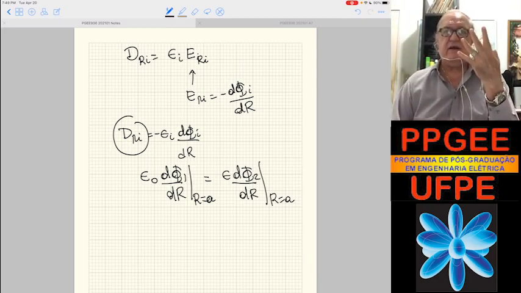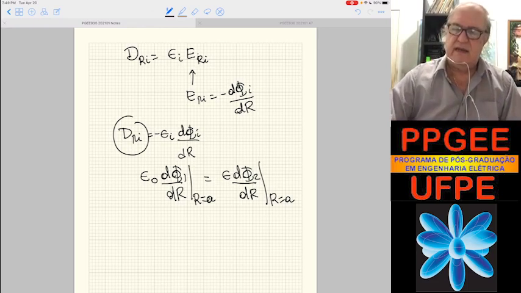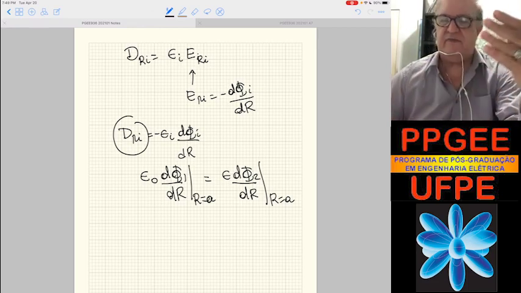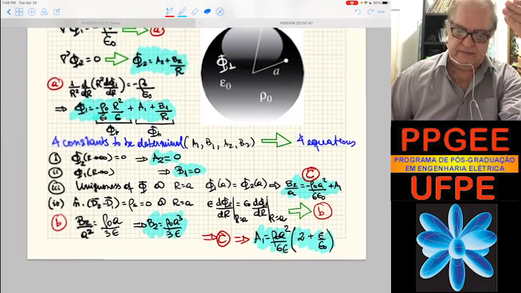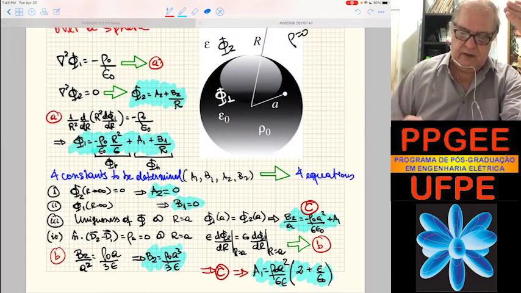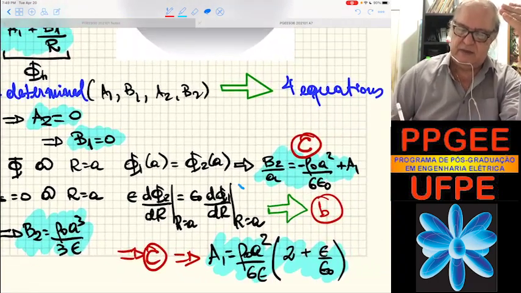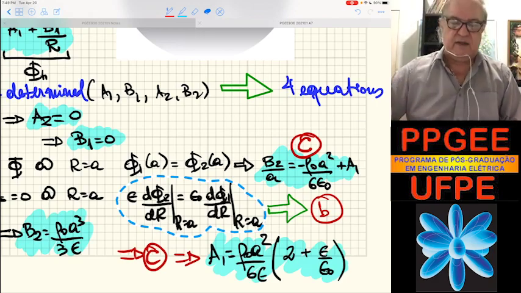So I have four equations and four unknowns. So this is a linear system of equations, easy to solve. Okay, so I have that condition here. I just demonstrated it to you. So I left for you to solve those conditions. I'm just going to outline those.